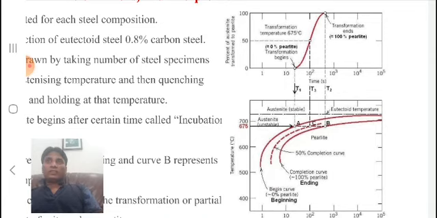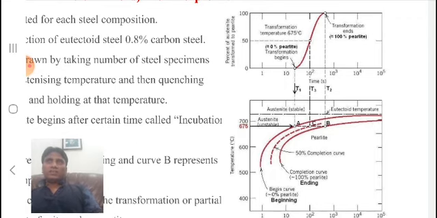So the difference between the TTT curves and CCC curves is, in TTT curves we quench the steel to the austenitic transformation beginning temperature, and we hold that steel at that temperature until the entire transformation completes. And once the transformation completes, we again quench the steel directly to room temperature. So this will save the time.